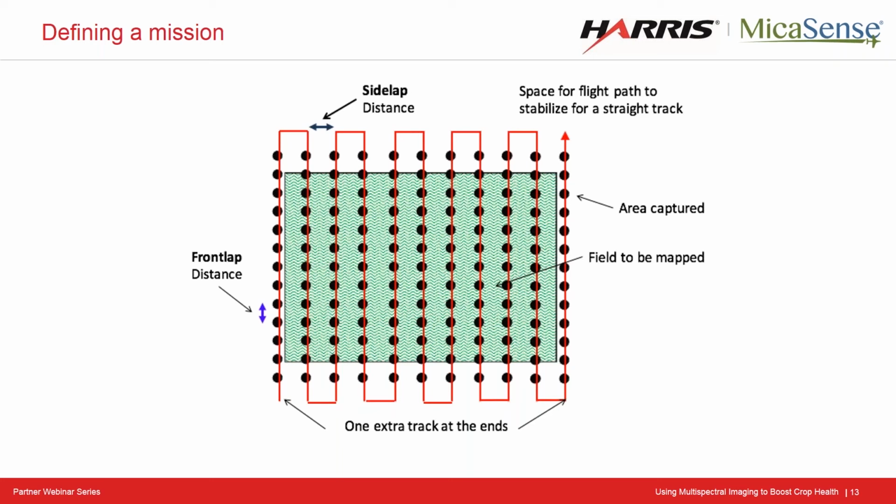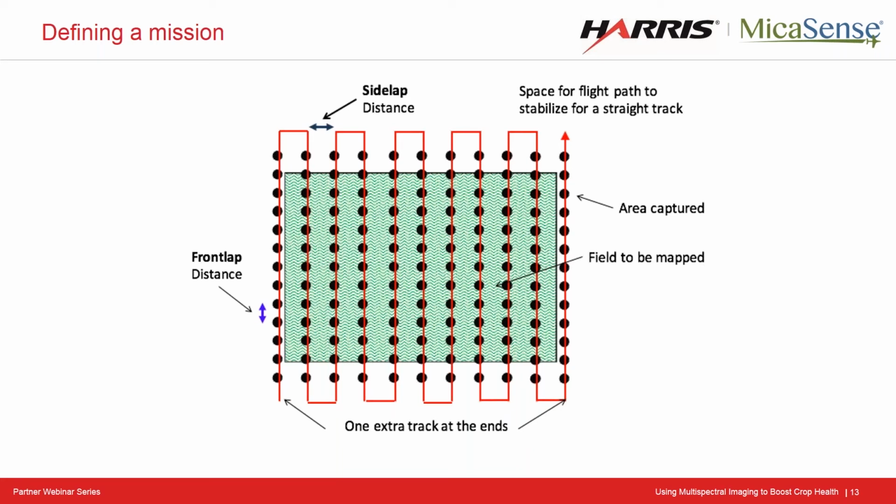In this image, we see the green rectangle as the area that's being covered, and the red is representing the passes of the drone across that area. You can see that the turnaround points are beyond the field, and the first and last passes are also beyond the actual area that's being covered.